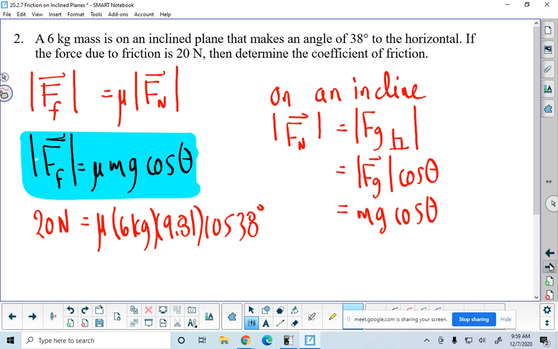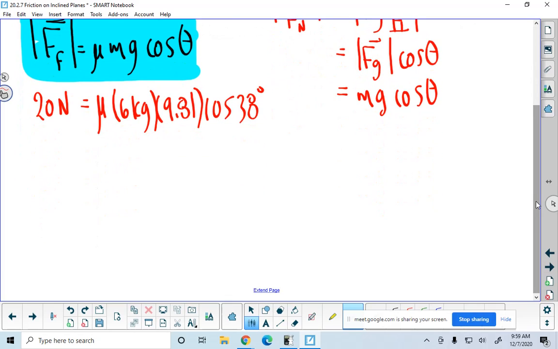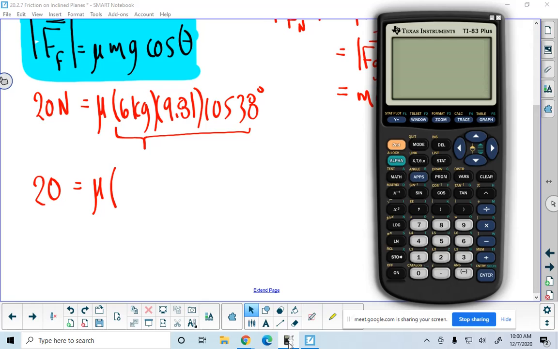I would recommend at this level you calculating what this is to get a simple equation. So 6 multiplied by 9.81 multiplied by cosine of 38 gives me 46.38.